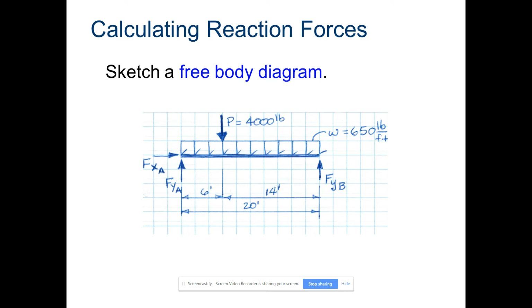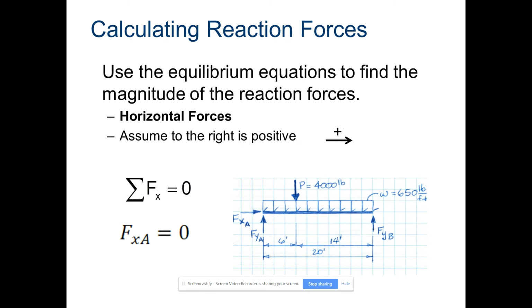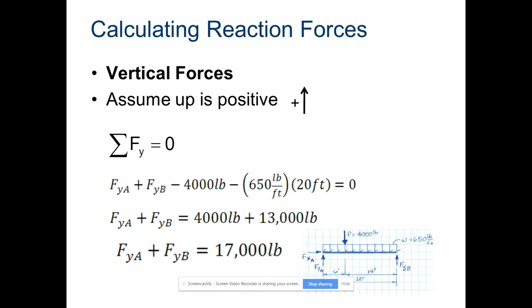So at this point in time, I will do a quick sum of the forces in the X direction to show that there is no other force than FXA. Therefore, FXA is going to be equal to 0. Okay, so here I show it there, FXA equals 0.